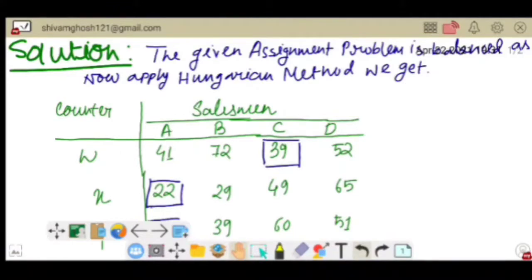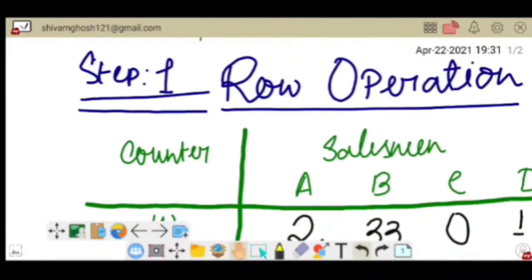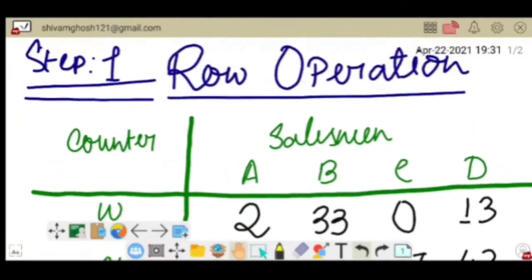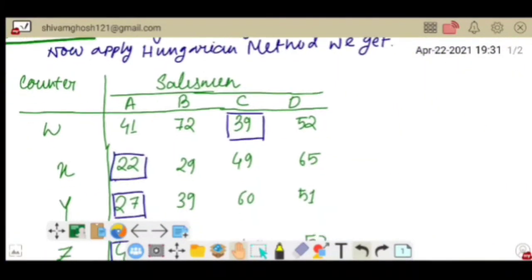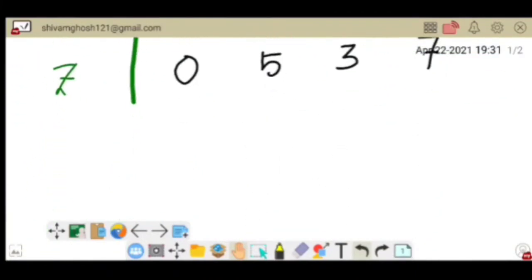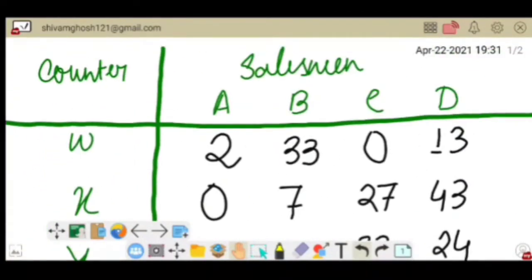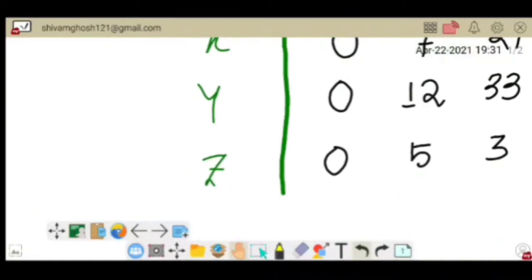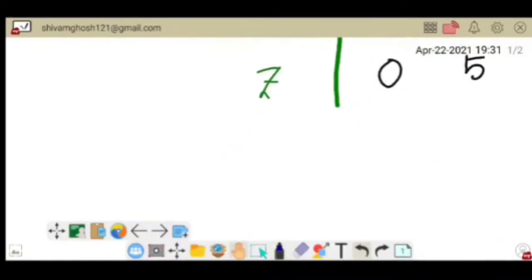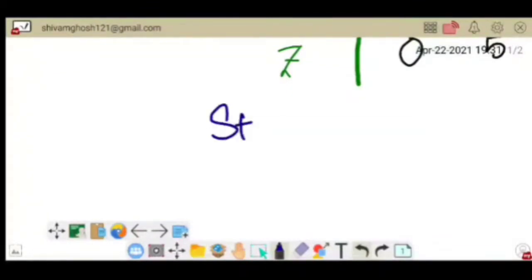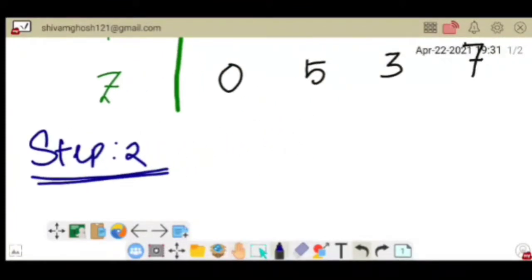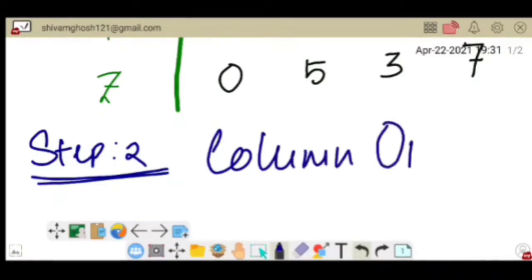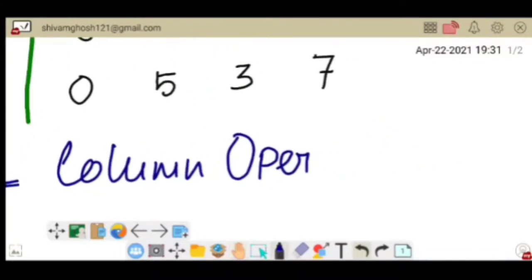The new matrix in step 2 will be derived from our step 1 matrix. So it will be written down like that: step 2, column operation.